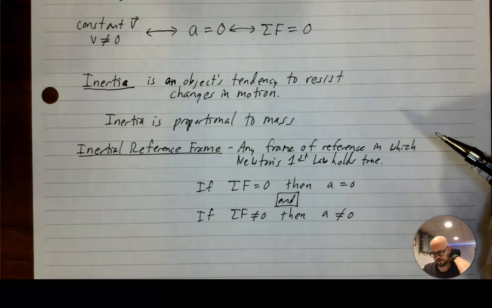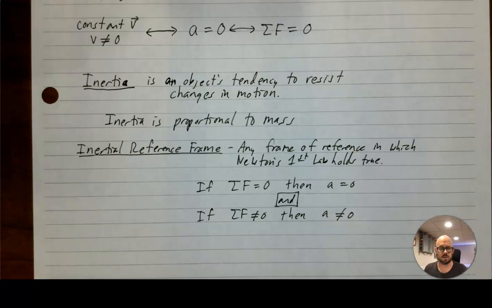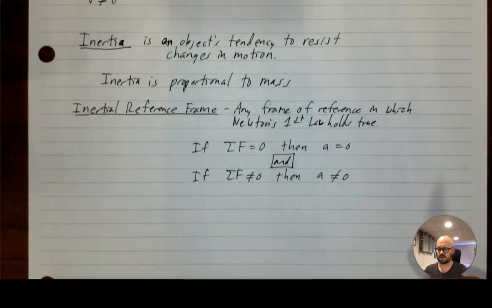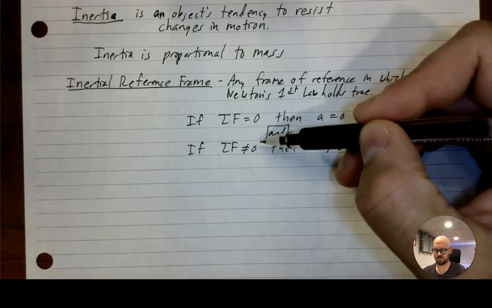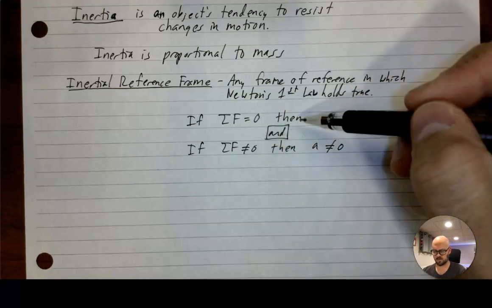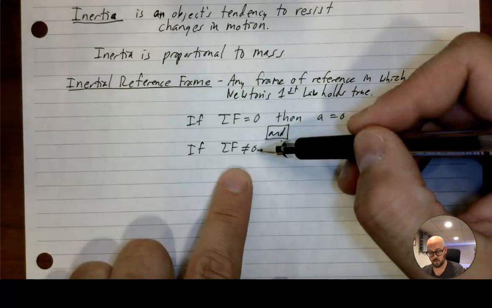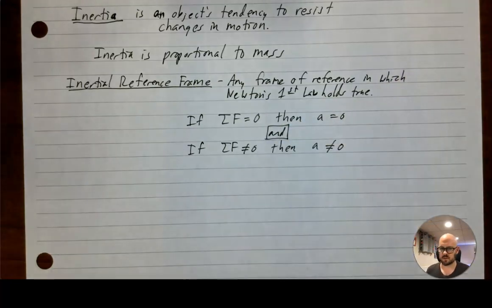That means that there must be a non-inertial reference frame, and there are definitely situations where you would observe something happen, and if I had you analyze the physics of it, you'd realize that there either had to be a net force of 0, but there was acceleration, or there was a net force, but there was no acceleration.